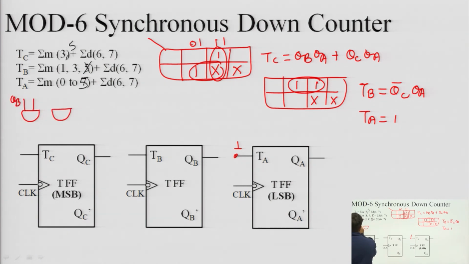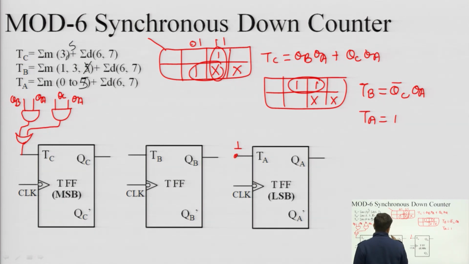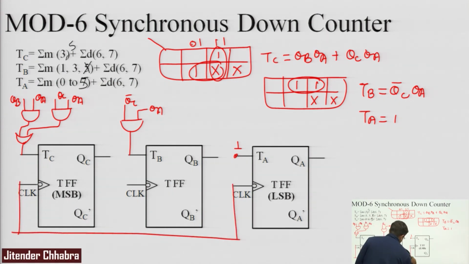This is QB and this is QA, and then this is QC and this is QA, and there is an OR gate here. Then similarly, for TB this is QC bar and this is QA, and TA is equal to 1. All clocks are connected to a common point, and output is taken for display.